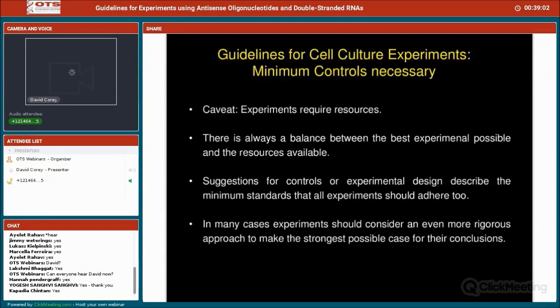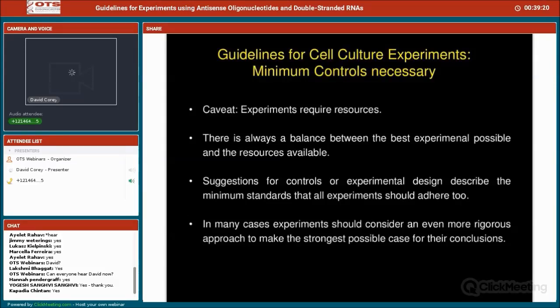So what I'm going to be trying to do here is outline what the best experiment might be, but also at the same time what the absolute minimum experiment should be in order to have a paper published in a peer-reviewed journal.